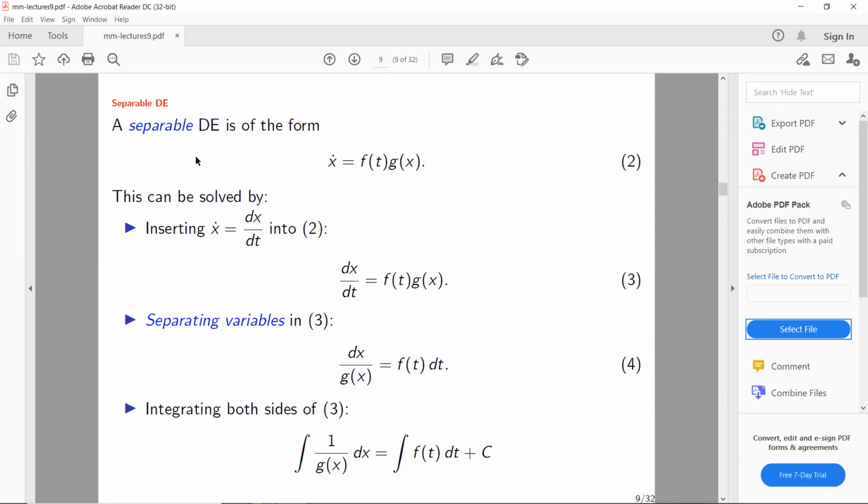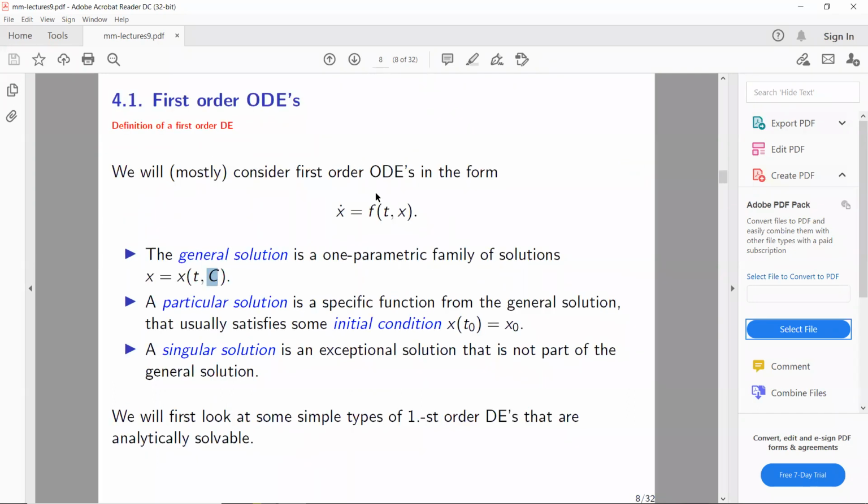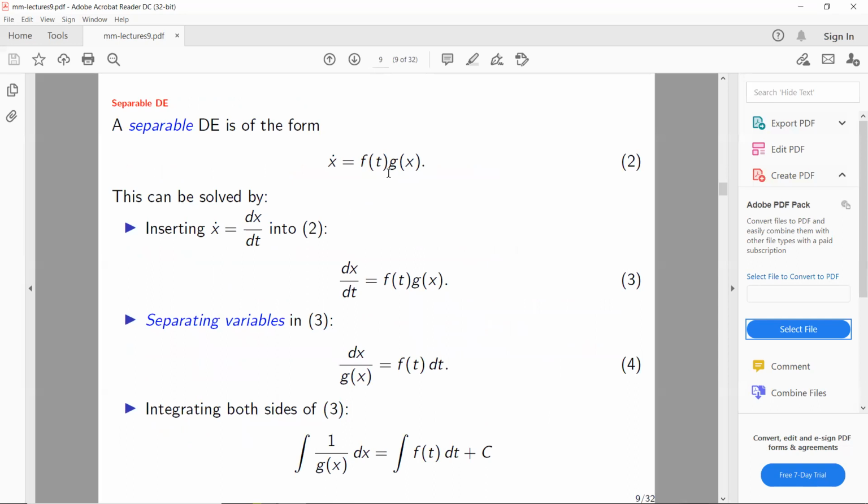And we're talking about a separable differential equation whenever this right-hand side, which is a function of t and x, so dependent and independent variable, is in fact the product of two functions. One depends only on t and the other depends only on x. In this case, we can separate variables. So we put all x's on one side, all t's on the other, and integrate both sides.